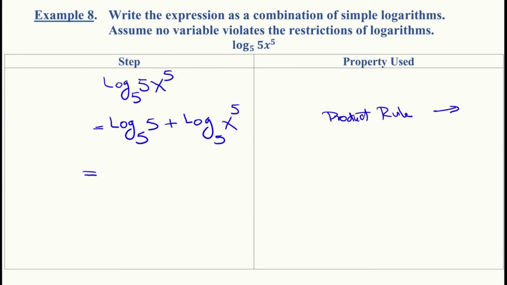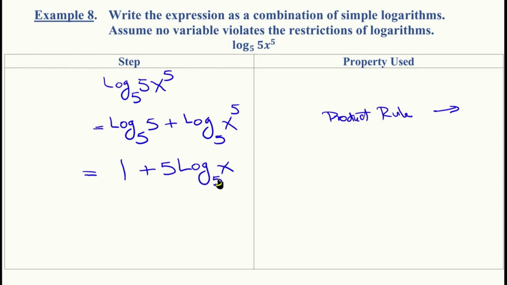Now we can go ahead and remember this basic rule, log base b of b equals 1, and log base 5 of x to the 5, what we can do is we can bring the 5 down, so we get 5 times log base 5 of x. Notice that is a simple argument because it's just a variable to the power of 1.